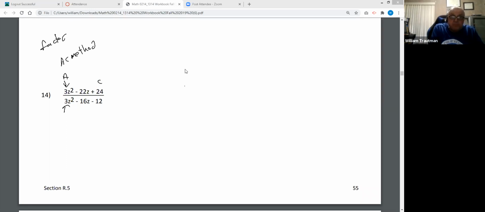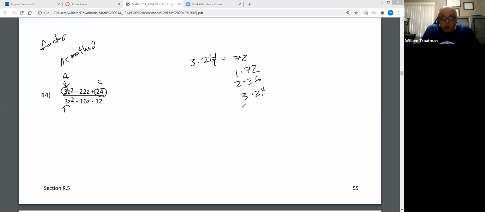So I'm going to do the top first. 3 times 24, do you see? AC, 3 times 24 is 72. So 1 times 72, 2 times 36, 3 times 24 is 72. 72 divided by 4, 4 times 18, by 5, no, by 6, 6 times 12.